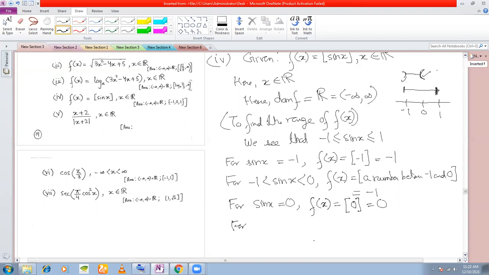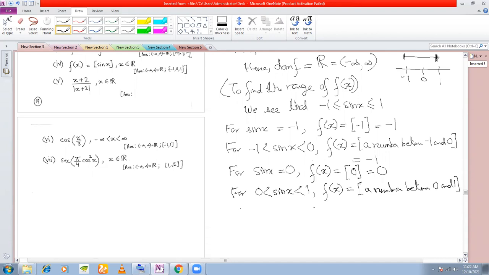Next interval is 0 to 1. So for 0 less than sine x less than 1, what is the value of f(x)? A number between 0 and 1. Let's take 0.45. What is the greatest integer of this?